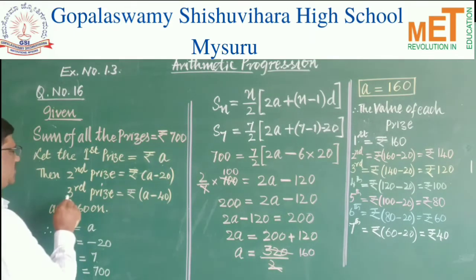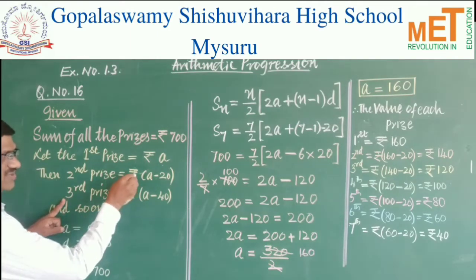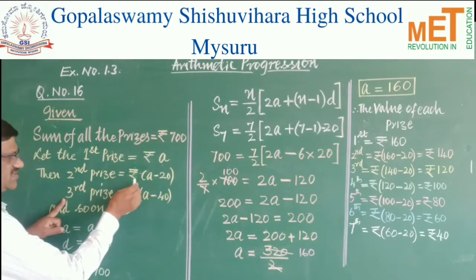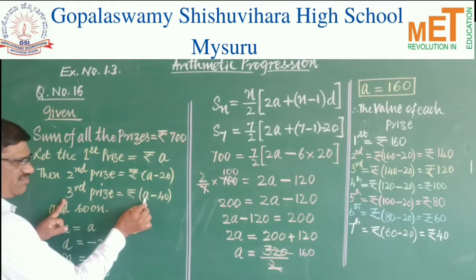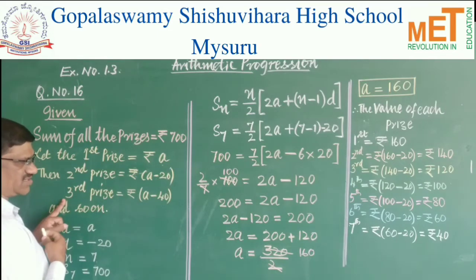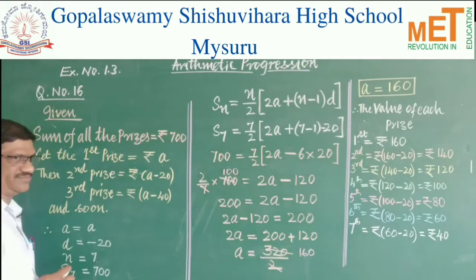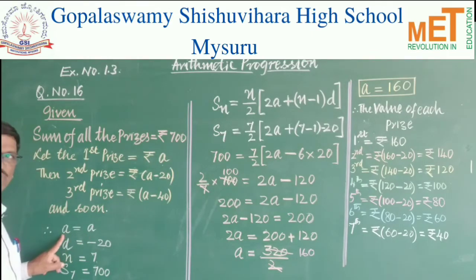Okay. The third prize is 20 rupees less than the cost of the second prize. That is, the second prize is A minus 20, the third prize is A minus 20 minus 20, which is A minus 40, and so on. So, what is the first term?